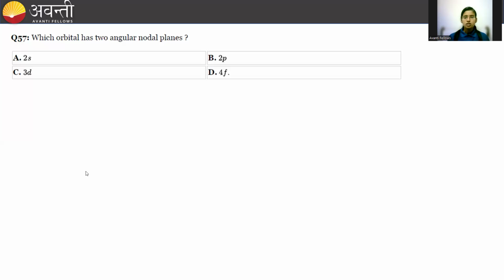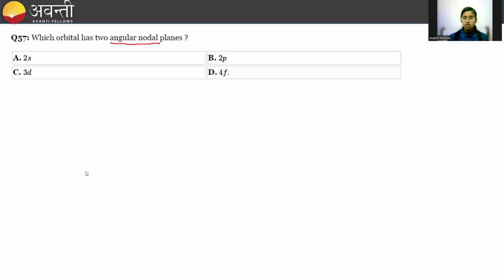Okay. So we have 2 nodes actually. One is radial nodes and the other one is angular node. Okay. I will give you the formula for both, but here in this question, we are asked to find out only the angular nodal planes, means the angular nodes we have to find out. Got it? Means the orbital which has 2 angular nodes that we have to find out.